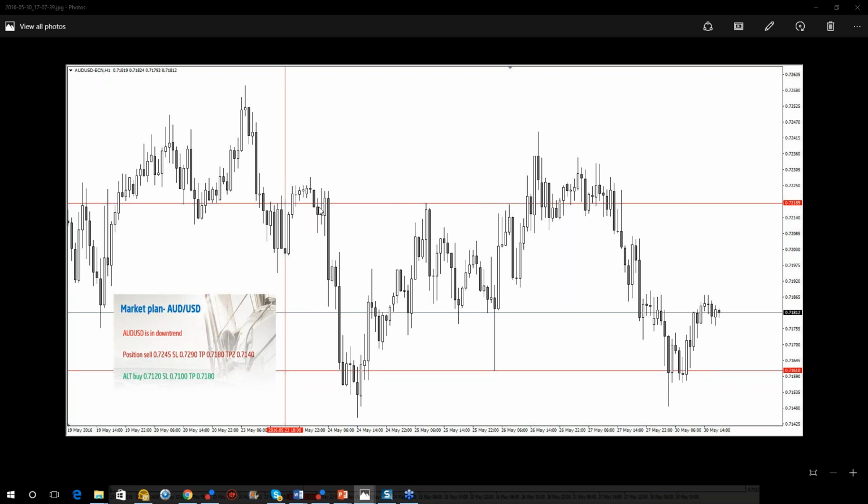But this could also be a trade of the week, because it was like 80 pips here, almost to the target. Well, let's see where the price ended here.